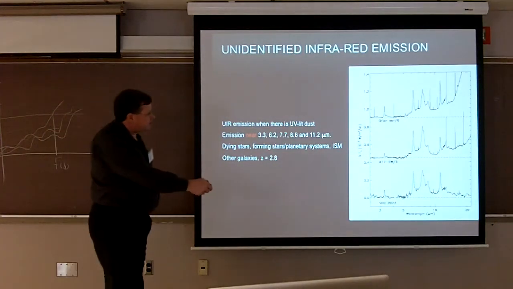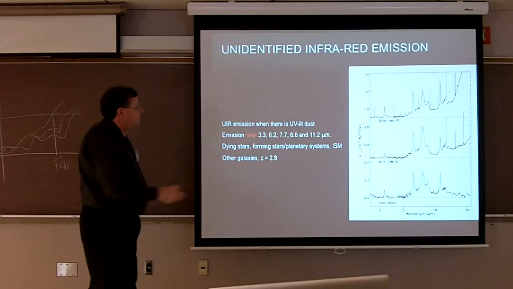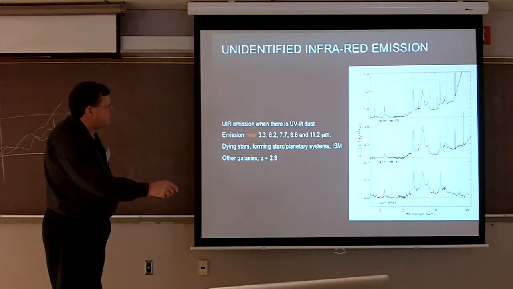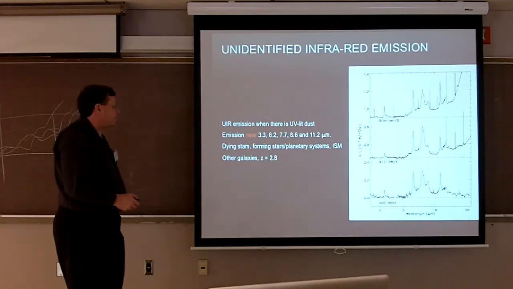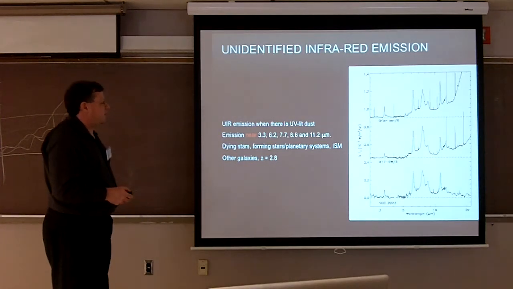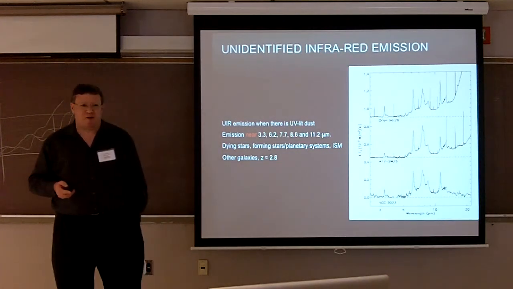This is what the emission looks like. This is over 3 to 20 microns. You can see there's a lot of spectral lines. There's some atomic lines here, which are the very narrow ones, but there's a lot of very broad lines here, which is coming from this UV lit dust. Back in the 1990s, people weren't sure what this is, and at this point we now know that these are polycyclic aromatic hydrocarbons.